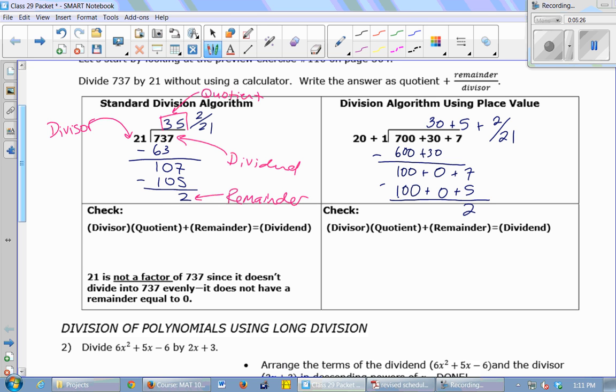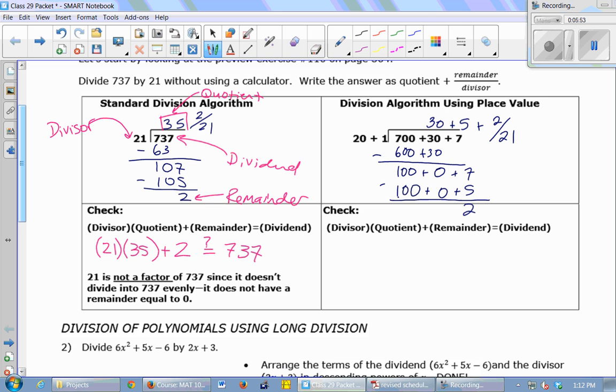So my divisor is 21 times my quotient, which is 35, plus my remainder of 2. That should equal 737, the original dividend. So 21 times 35, that's 700. Well, 35 times 20 would be 700.